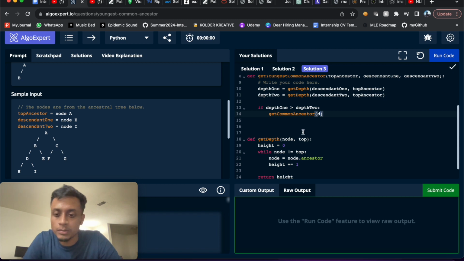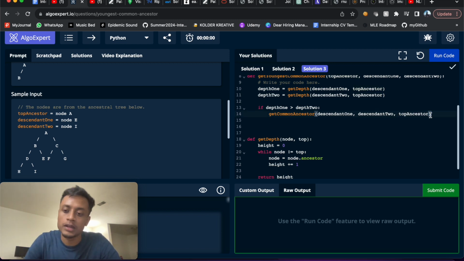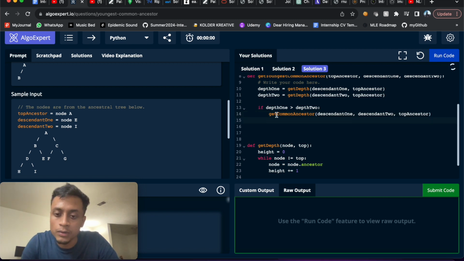I'm just going to maintain an order here. In this case, since one has higher depth, it is definitely lower in position, and 2 is definitely higher in position. And I also need my top ancestor to keep track of how long I should run the while loop for.